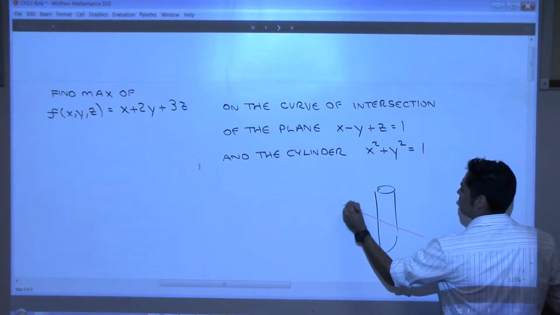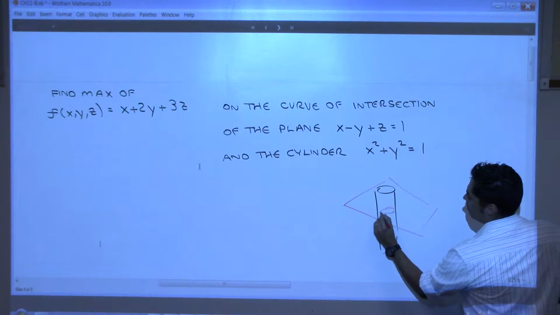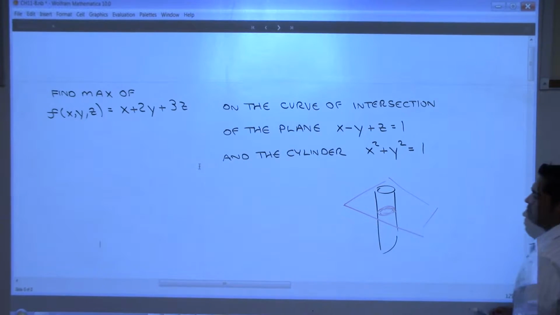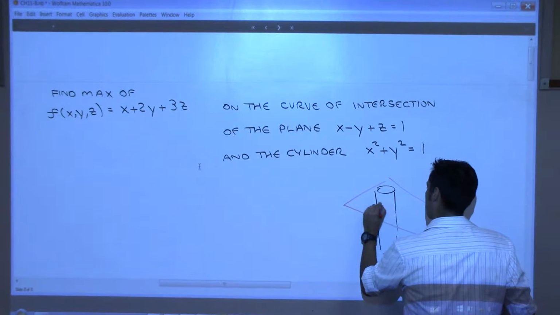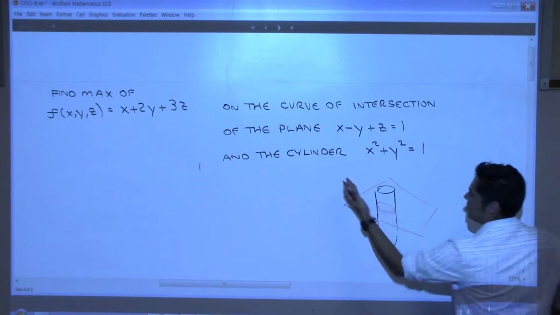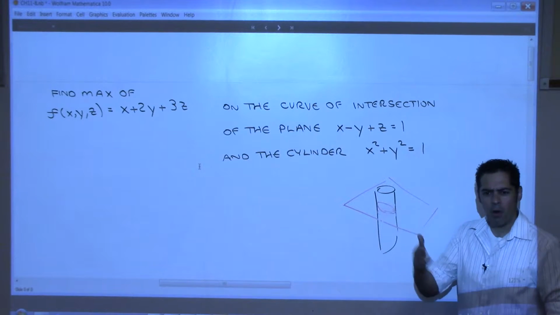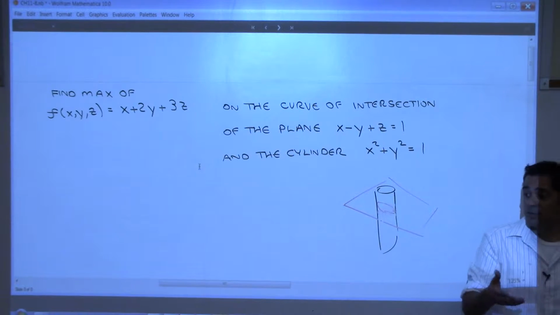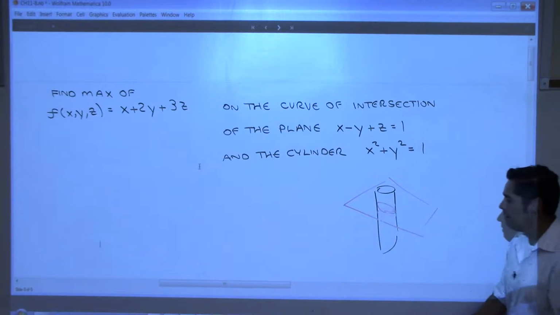And we're assuming that this plane comes through and cuts through this cylinder, right? Just say it cuts through somewhere, all right? And where it cuts through, it creates a curve, doesn't it? And there were problems that we had in the past where you were asked to find the vector equation of the curve, right? Intersection of two things, and you did that.